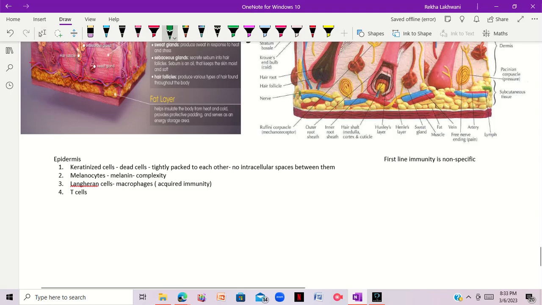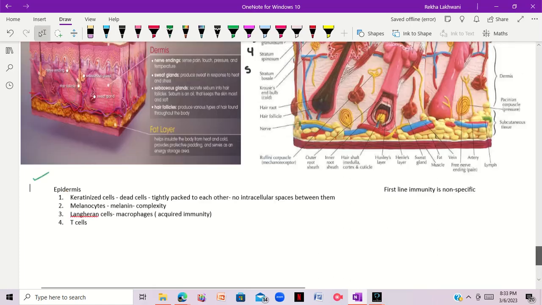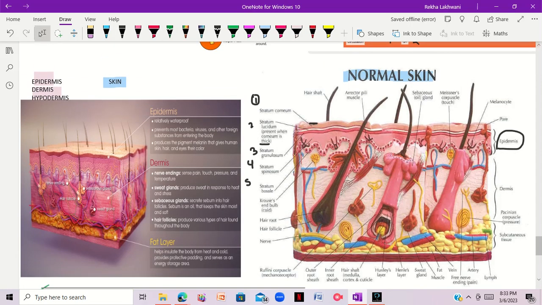We are now done with the first layer, which is epidermis. Now let's move above again and look into the dermis. In dermis, we have hair follicles. As you can see over here, these are the hair follicles.